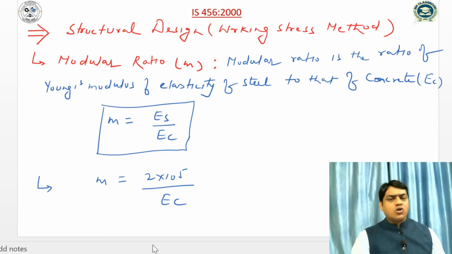As suggested by code IS 456, the modulus of elasticity of concrete is 5000 square root of FCK for the short term, and for the long term it is 5000 square root of FCK divided by 1 plus theta, where theta is the creep coefficient that depends on the age of loading.